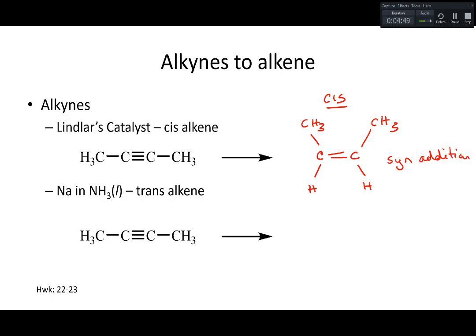Now, another way to do that, a reduction of an alkyne, is to use sodium metal dissolved in liquid ammonia. And this is actually done at about minus 78 degrees Celsius. So it's very cold. And what you end up getting when you do it, it's called a solvated or dissolving metal ion reduction, you're going to end up getting this.